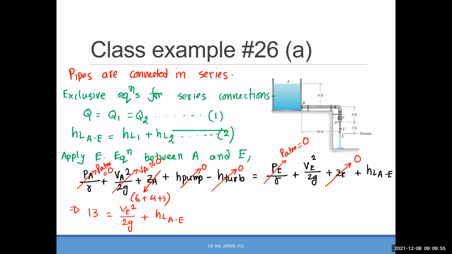Now, we already named the pipe BD as pipe 1 and DE as pipe 2. That means the velocity at E is actually velocity 2, right? V2. So I will just rename this so that we will not be confused with so many different velocities.